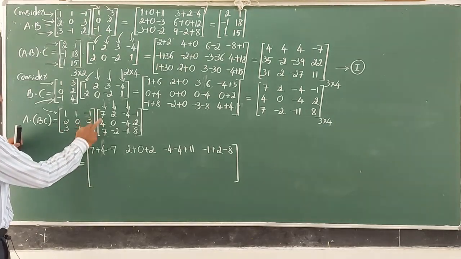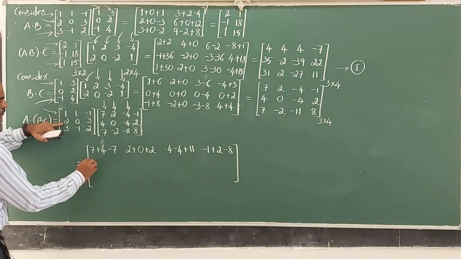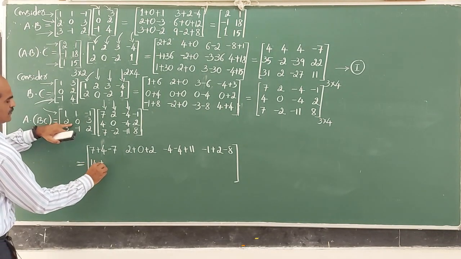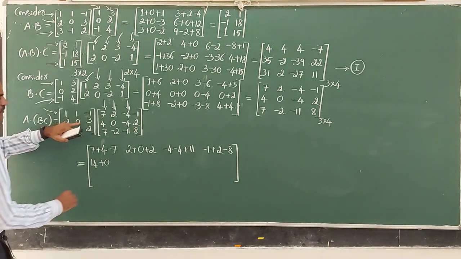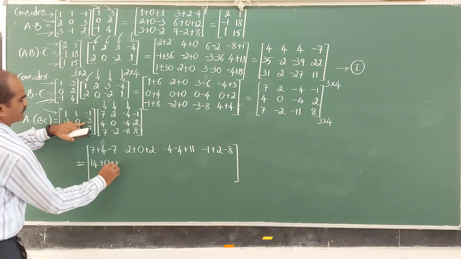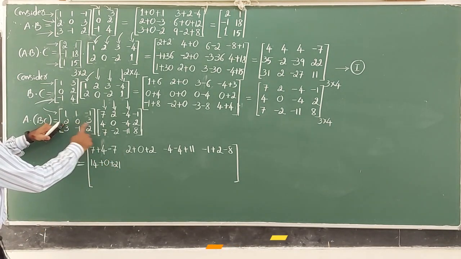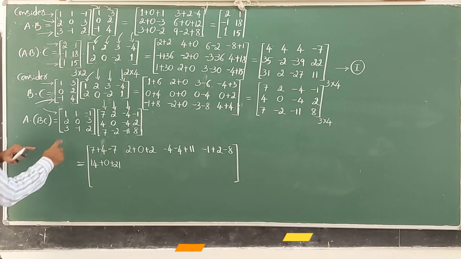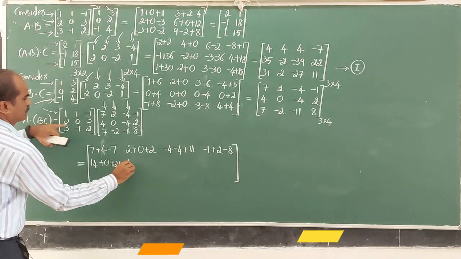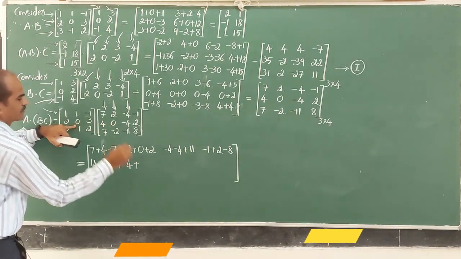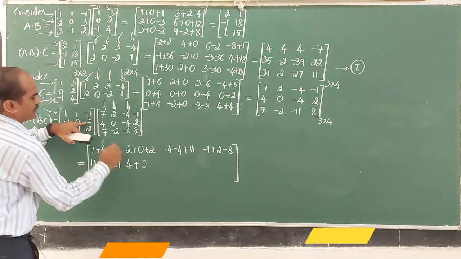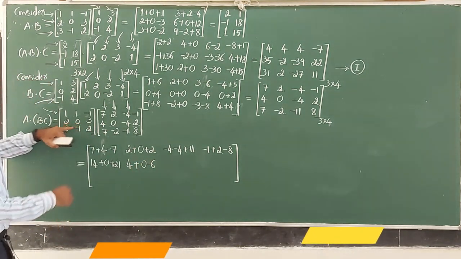Now, second row, first column: 2 into 7, 14, plus 0 into 4, 0, plus 3 into 7, 21. Second row, second column: 2 into 2, 4, plus 0 into 0, 0, plus 3 into minus 2, minus 6.